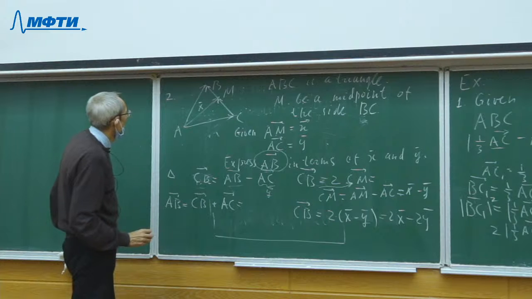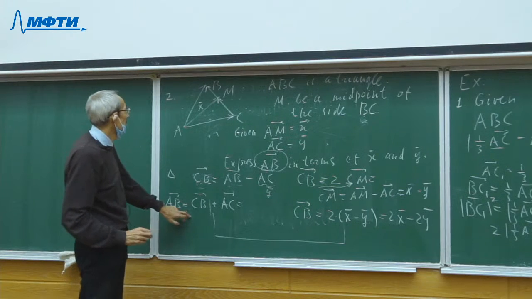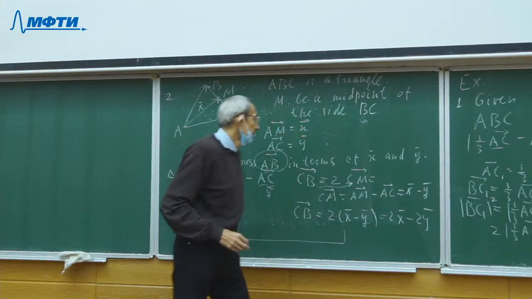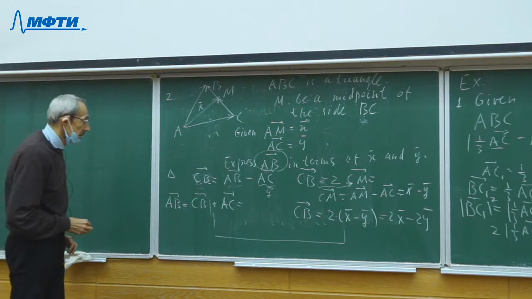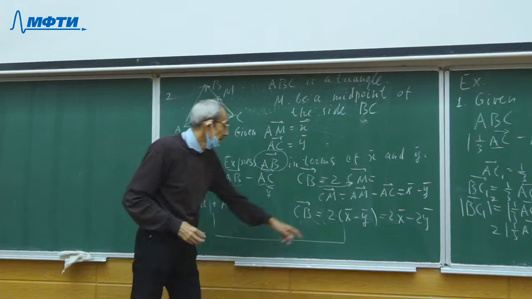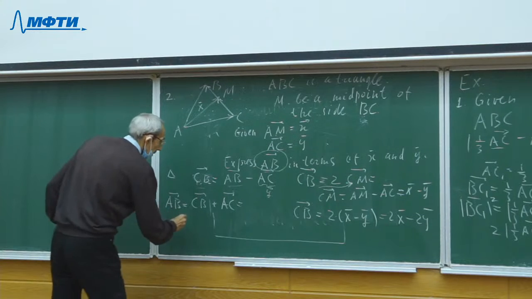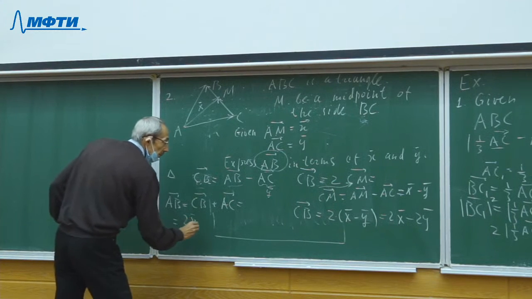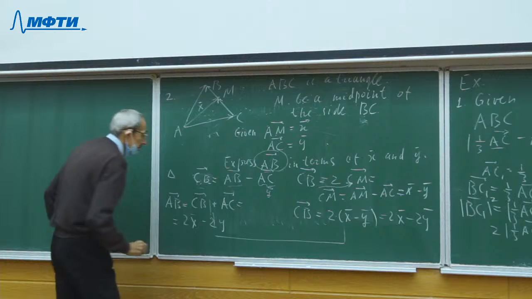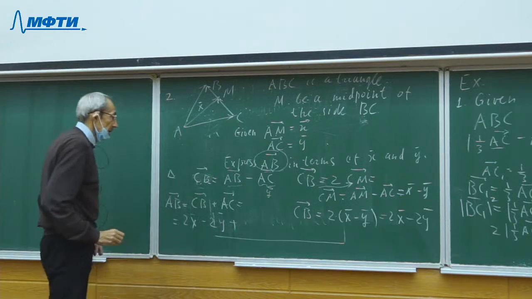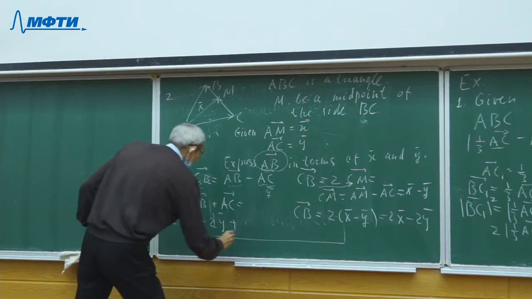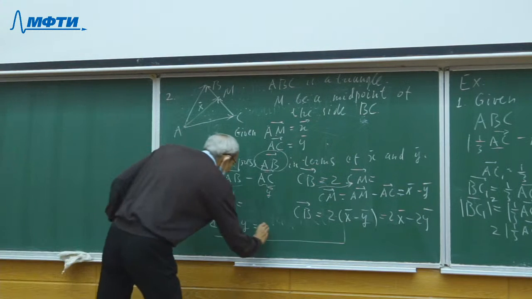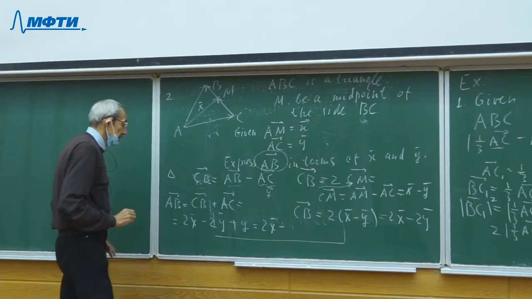We can substitute the expressions for CB and AC and obtain twice x minus twice y plus y, and the answer is twice x minus y.